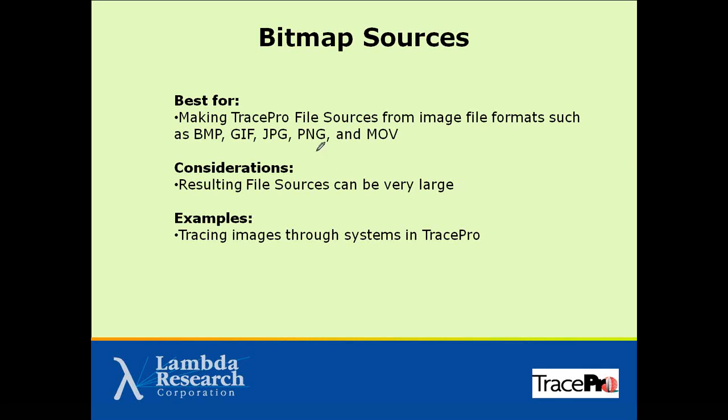Some of the considerations here: the resulting file sources can be really large. So it can take a long time to load them into TracePro and a long time to run the ray traces. An example of when you'd want to do this is if you wanted to trace an image through a system in TracePro, say a lens system, to see if you had any ghosting or glare, things like that.